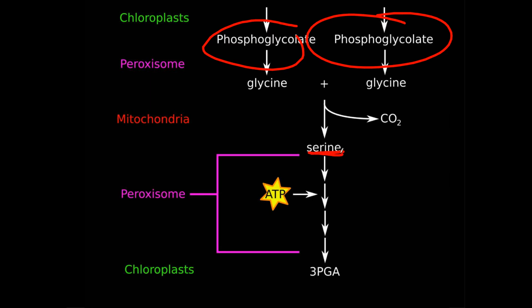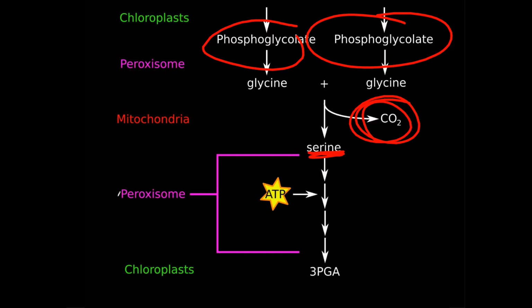These 2 glycines together can then be used to make a serine. We're losing a CO2 here. This is actually why we call it photorespiration. We're using light. It is going to use an oxygen and release a carbon dioxide. So again, we are just losing that carbon dioxide.